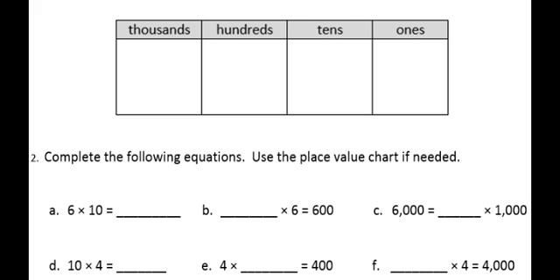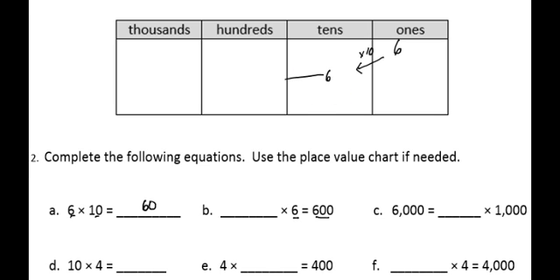In this next section, I can solve the problems either mentally or by using the place value chart if needed. So I'll start with 6 times 10. I know that 6 times 10 is 60. Here I'm asking what number did I multiply by 6 to get 600 for an answer? Well, if I started with 6 in my ones place and multiplied it by 10, I would get 6 tens.